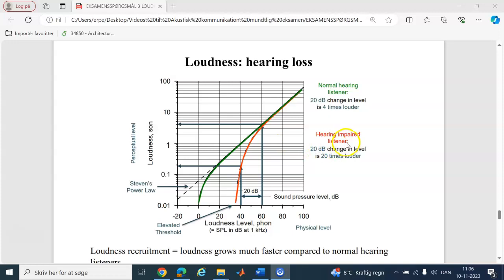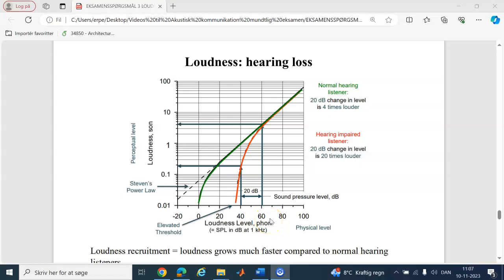You can also say that for impaired, hearing impaired listeners, a 20 dB change in level is 20 times louder in an area less than 60 phons.